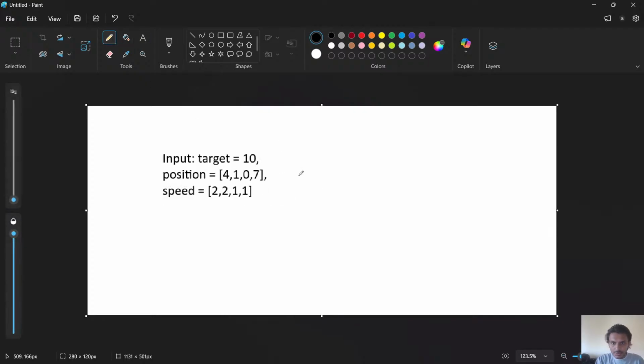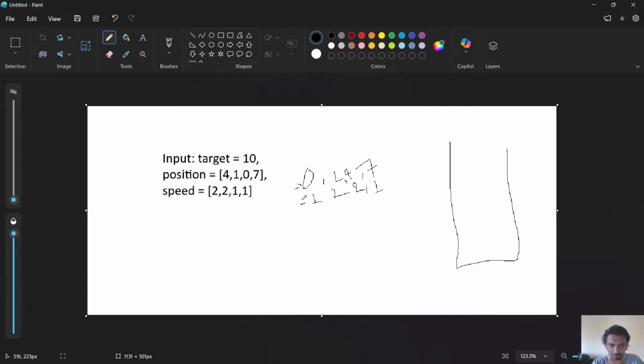So let's sort these. Sorting gives positions 0, 1, 4 and 7, and for these the speeds are 1, 2, 2 and 1. Now calculate the time.